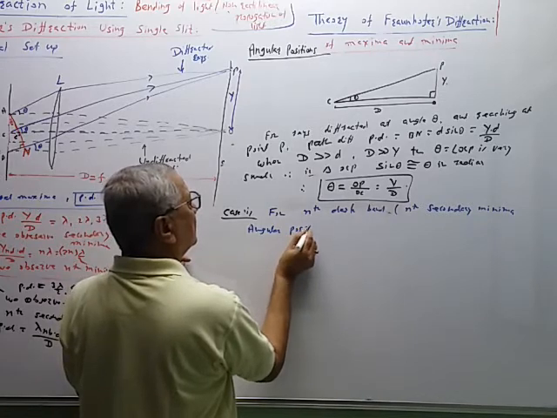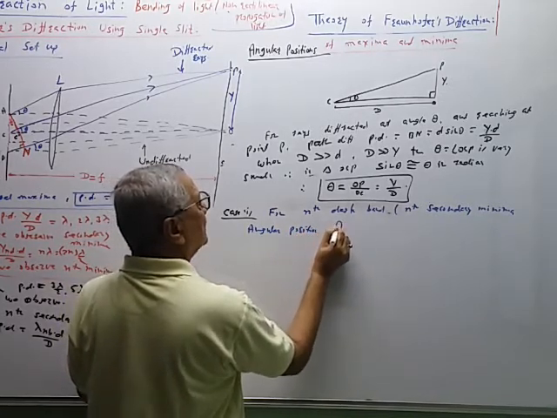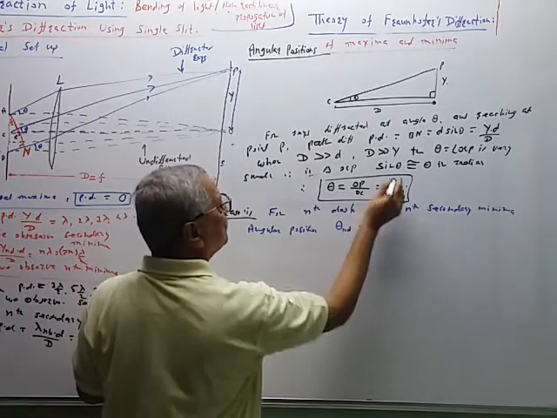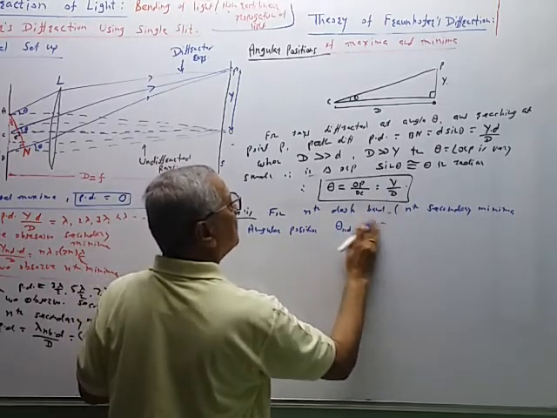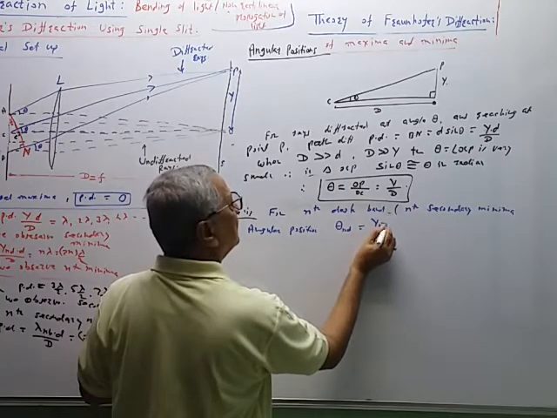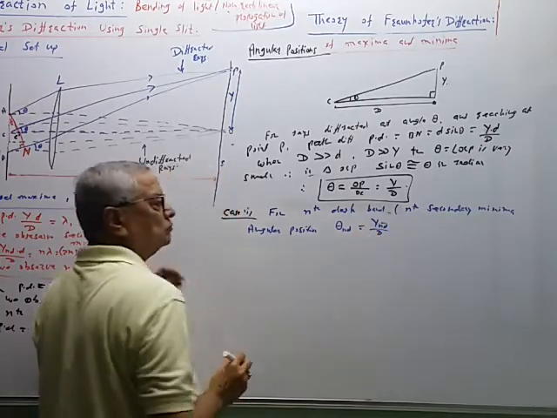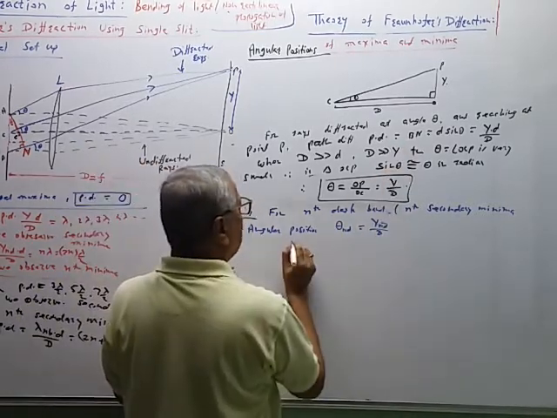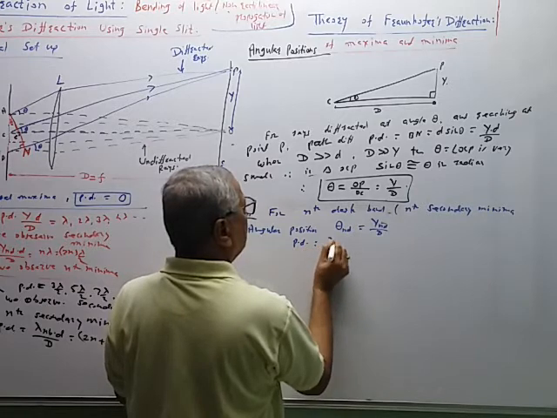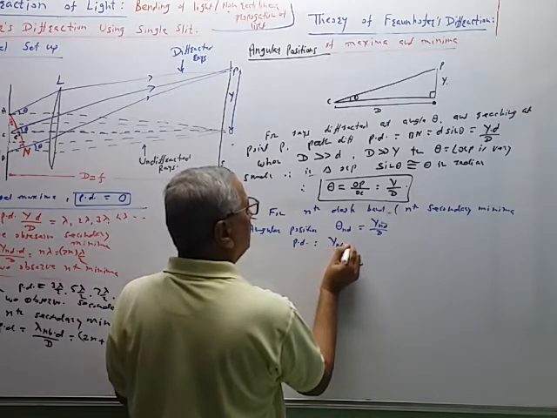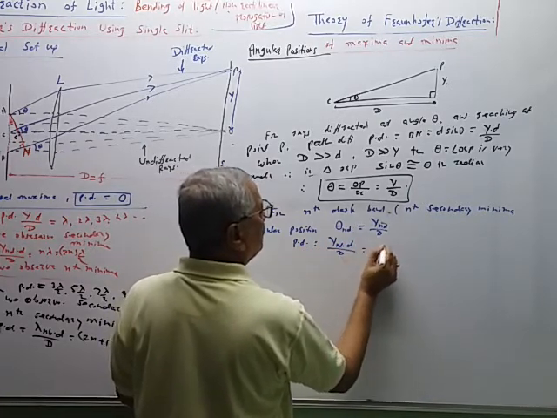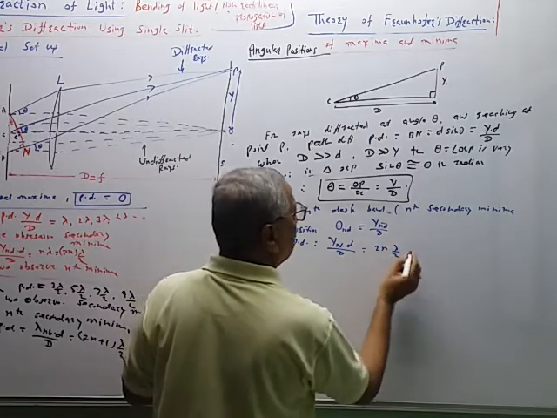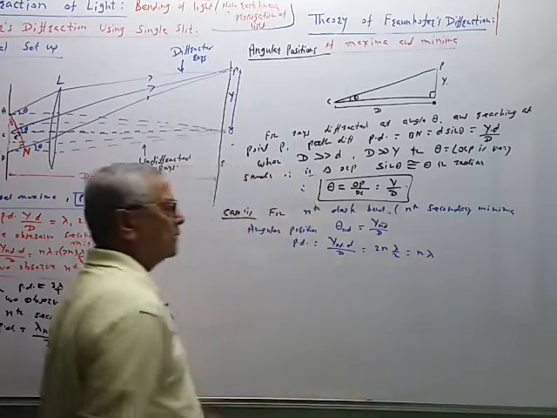we will denote it like this: angle theta for nth dark band and d for dark. So this is equal to, by this equation, this is equal to y nd upon capital D like this, and the path difference is equal to d y nd upon D is equal to even multiple of lambda by 2. So that is equal to n lambda.